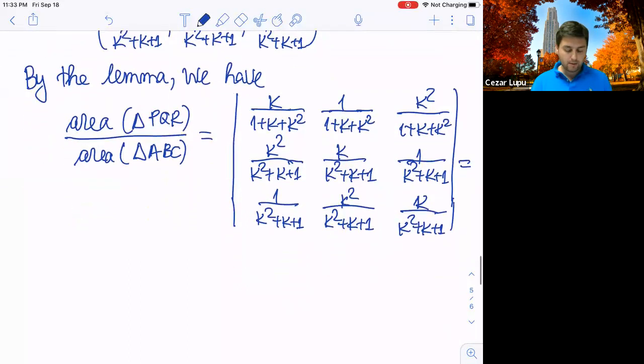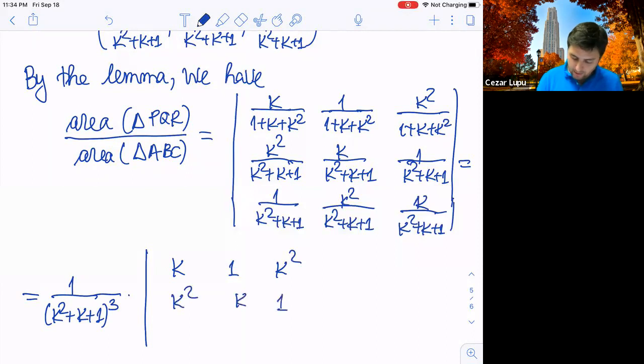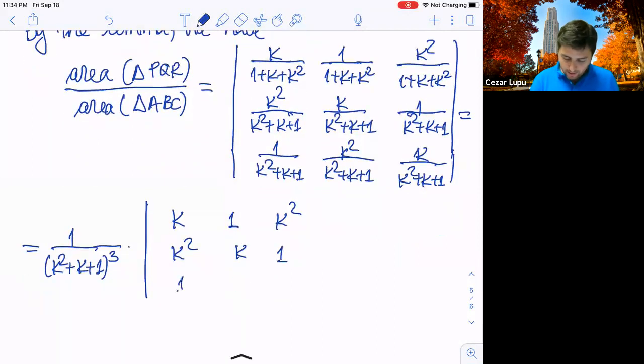So we will have that this is, we can factor 1 over k squared plus k plus 1, everything cubed, times this determinant, k, 1, k squared, k, 1, 1, k squared, k.